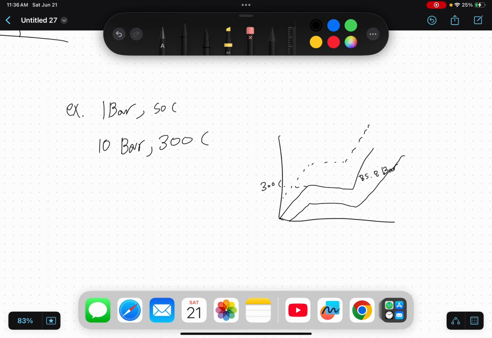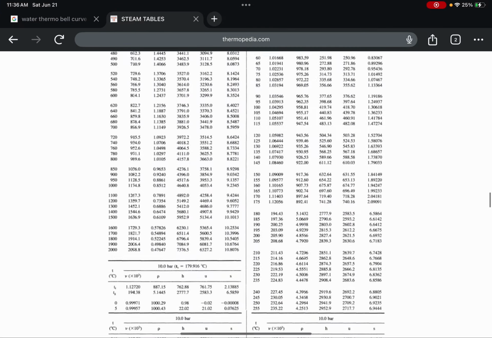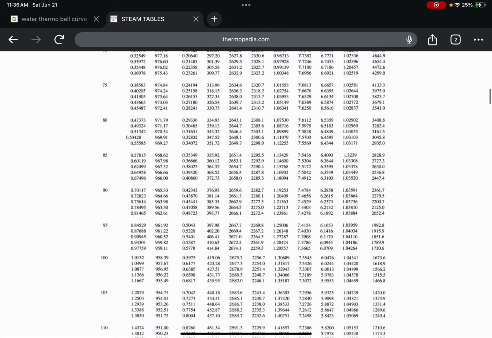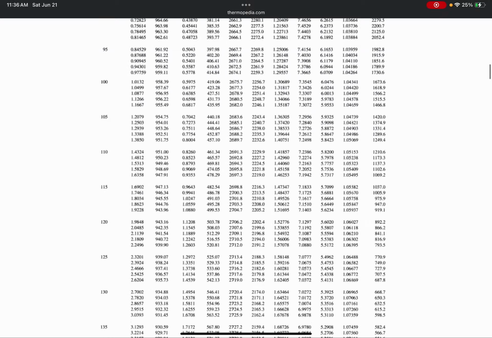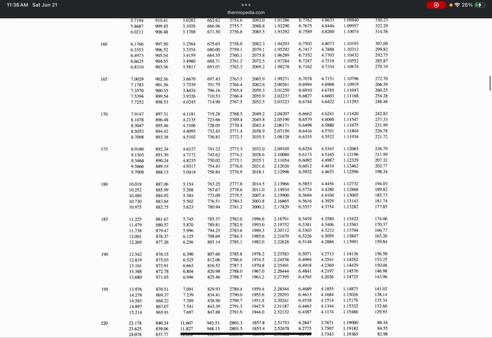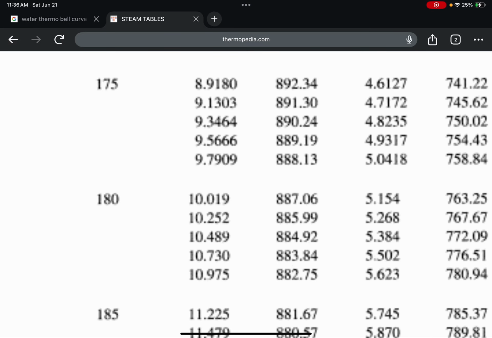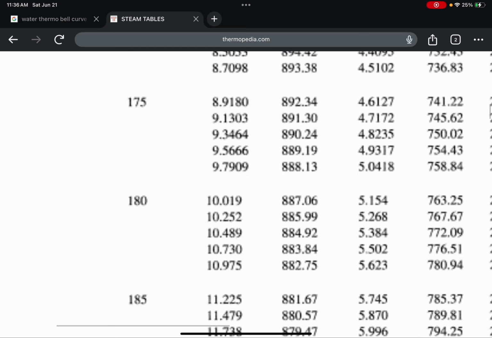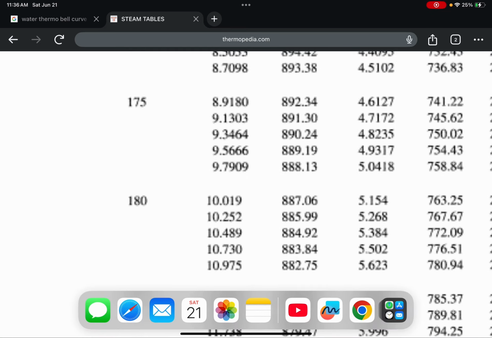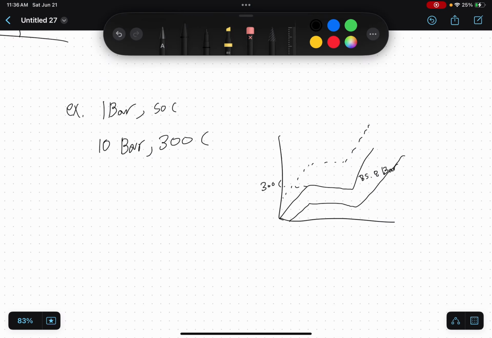I guess an easier-ish way to do it would be to go the other way. So what boiling temperature corresponds with 10 bar? Here we go. 180 Celsius corresponds with the 10 bar boiling temperature. Let me draw that out better.